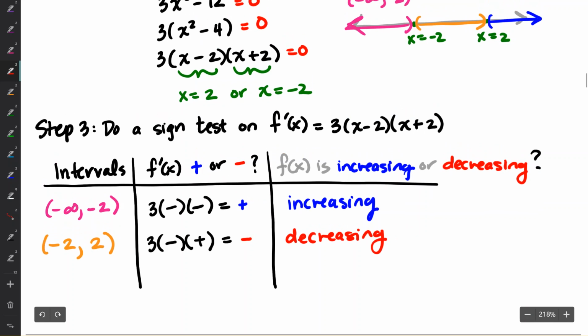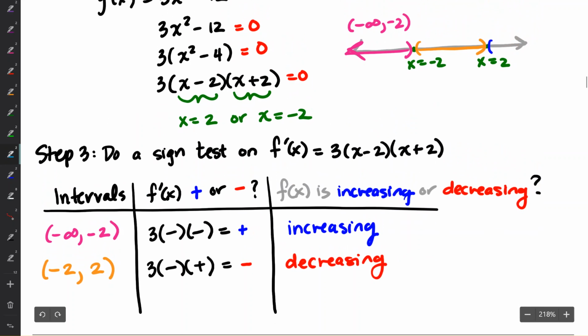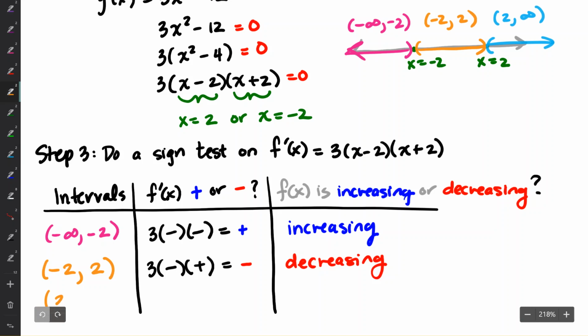All right, and then lastly, let's change this color because I got blue on there already. How about this? X values bigger than 2.